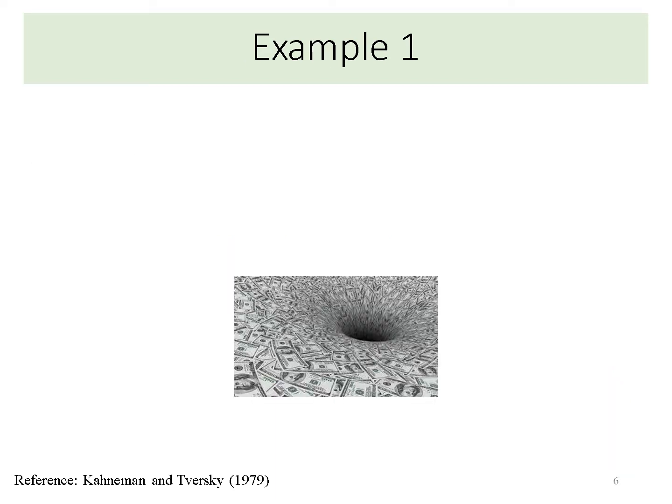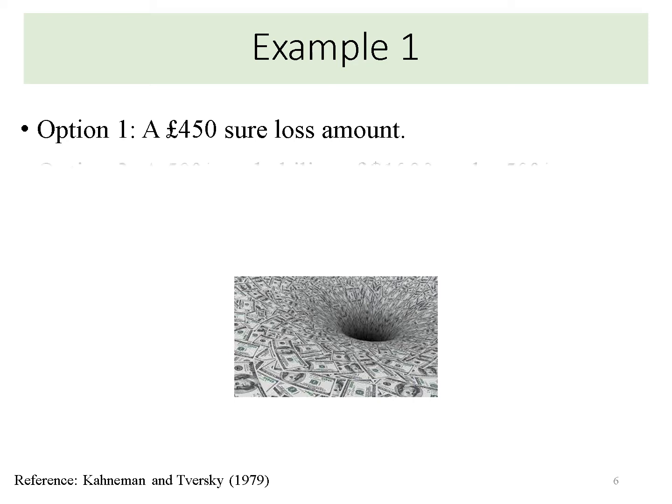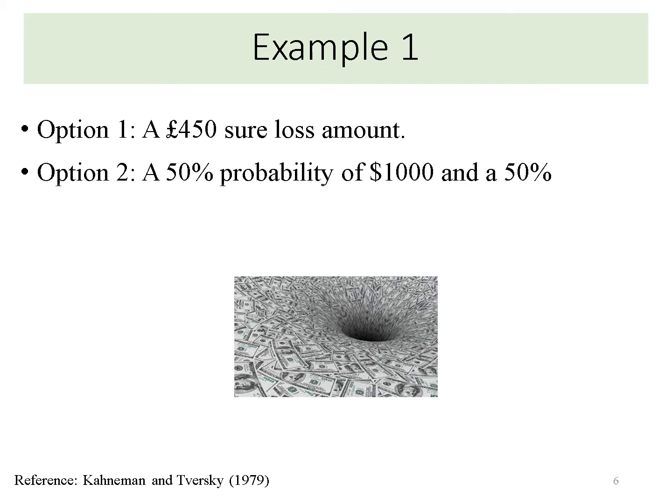Now, let's express the options in losses. Consider the following choices. Option 1. A $450 sure loss amount. Option 2. A 50% probability of losing $1,000 and a 50% probability of 0.